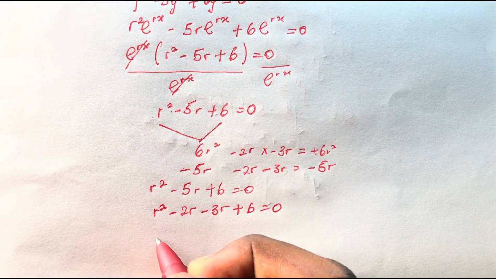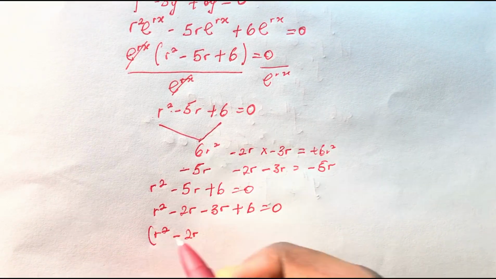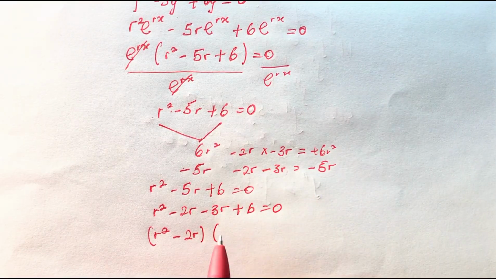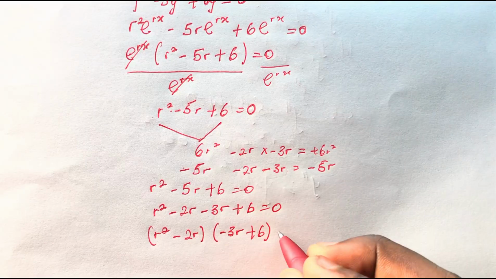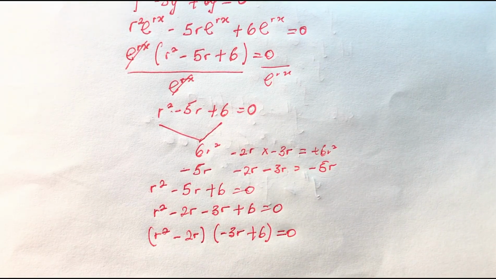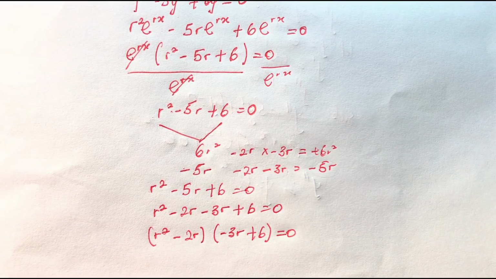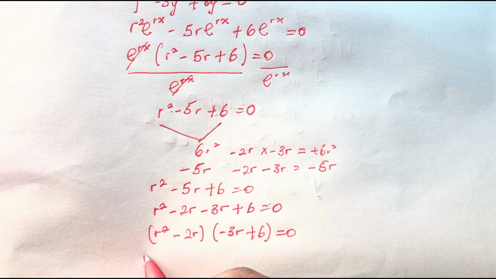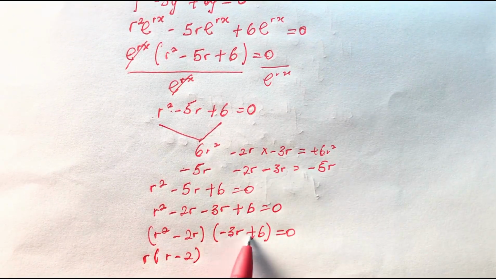Next, this is r squared negative 2r in brackets, and negative 3r plus 6 in brackets, equals 0. Next, we factor out what's common in each bracket: r into the bracket r negative 2.